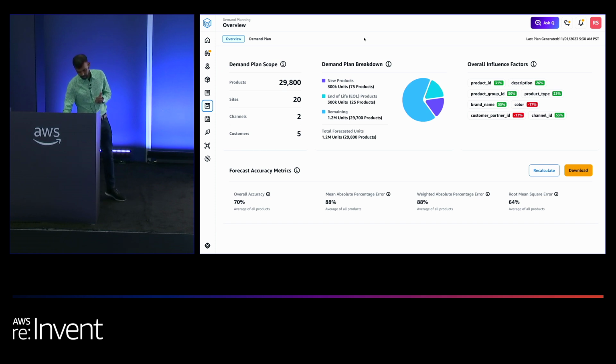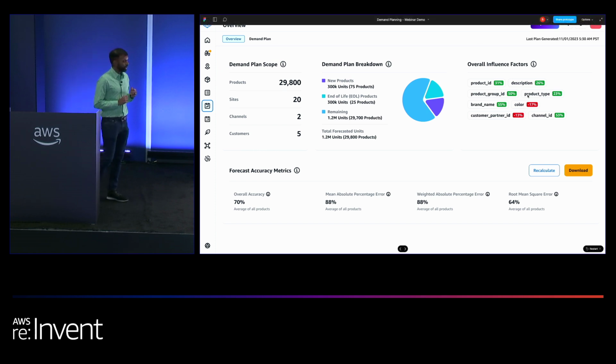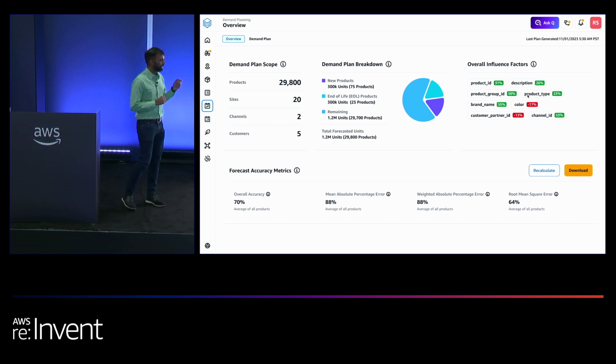Now, the AWS Supply Chain's machine learning capabilities come into play when it comes to the demand planning problem. Now, one artifact that demonstrates that notion is the overall influence factors. Over a period of time, companies are looking for innovative ways to understand what are some of the external factors that influence the demand.